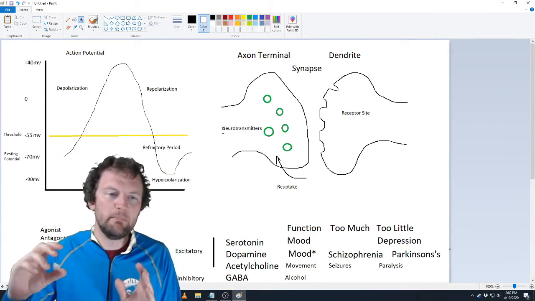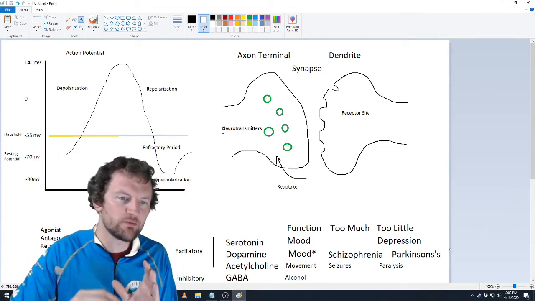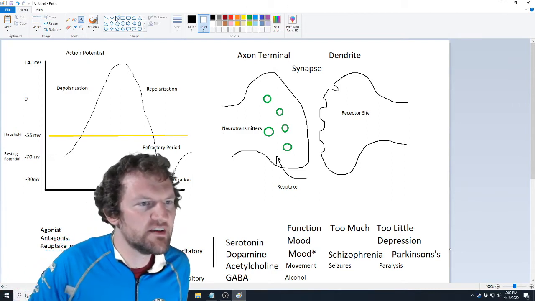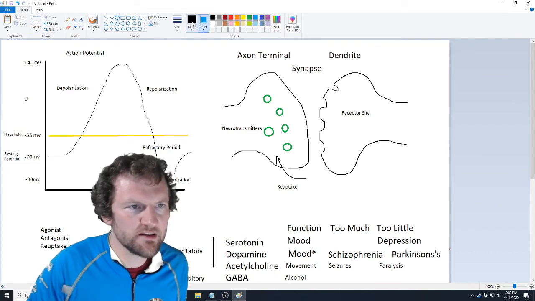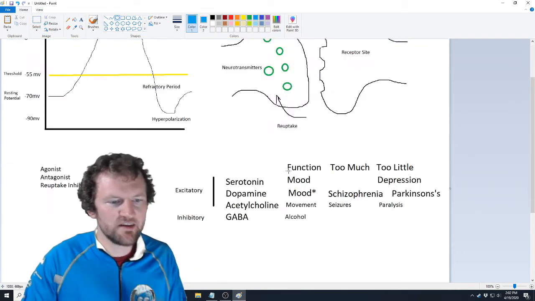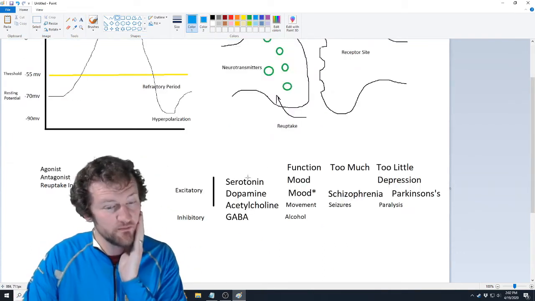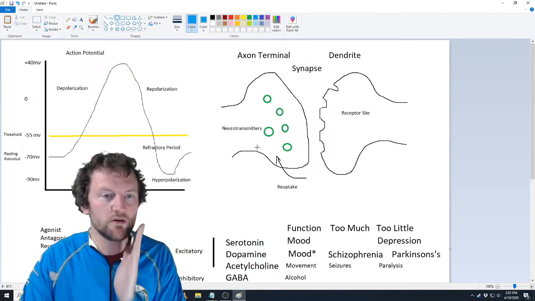Agonist mimics the way a neurotransmitter works, and it fits into the receptor site and fires enough to send a message. So if you took, let's make this blue, let's say acetylcholine.